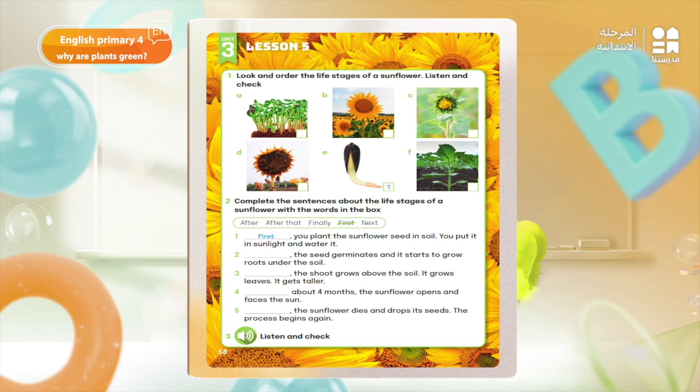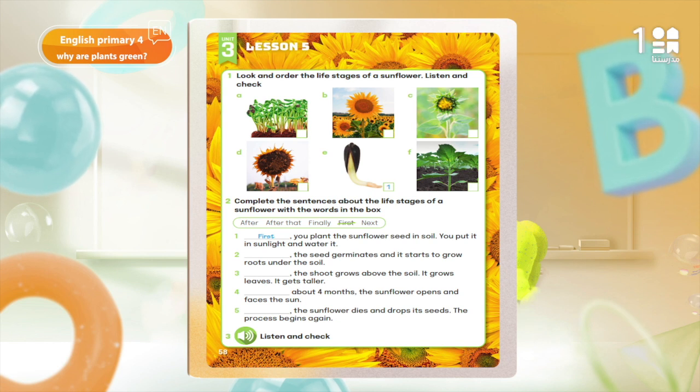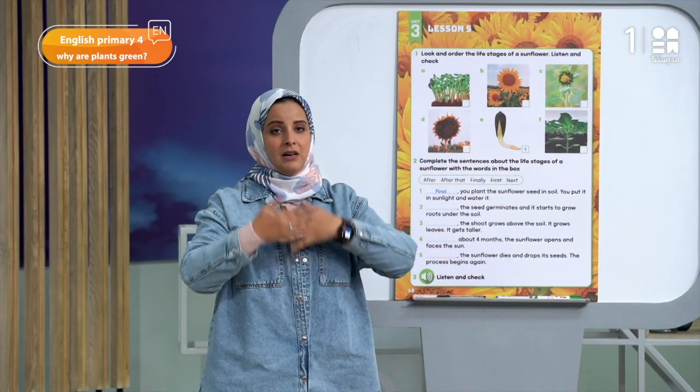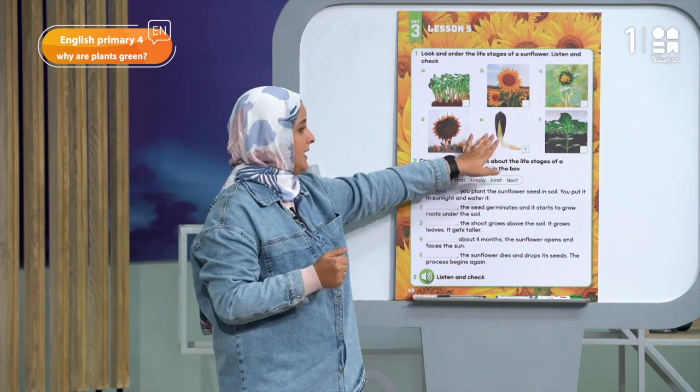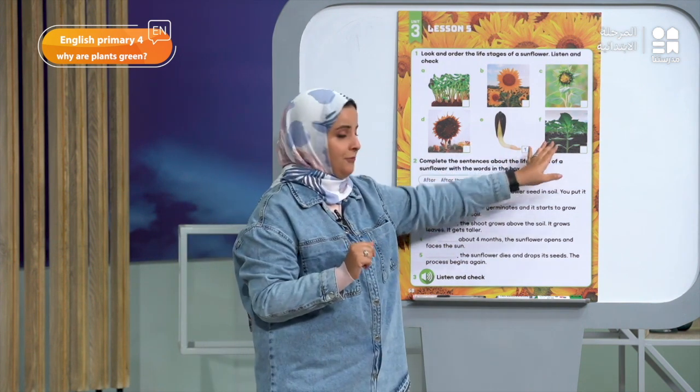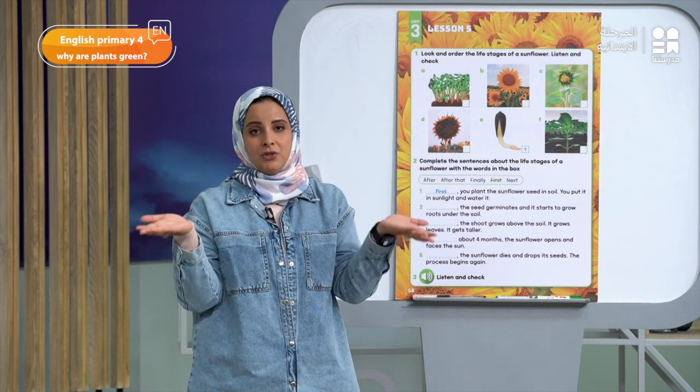B. The sunflower is facing the sun. C. The sunflower starts to grow. D. The sunflower dies or wilts and the seeds will fall down in order to grow another plant. E. The seed and the root. F. The leaves start to grow.